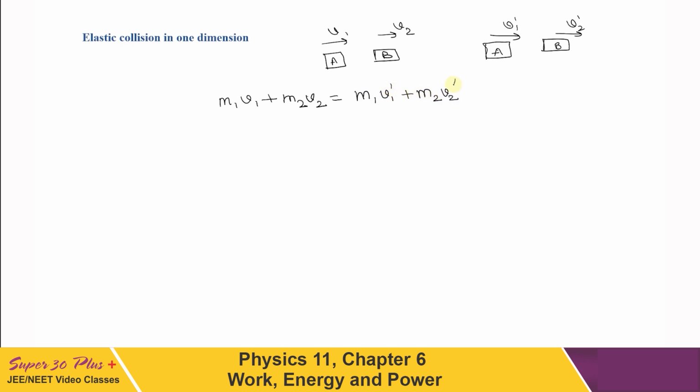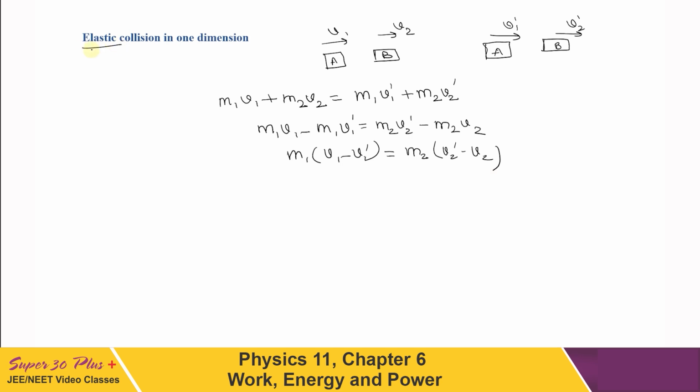Or if we solve it a little, it can be written as m1 v1 minus m1 v1 dash is equal to m2 v2 dash minus m2 v2, or m1 times (v1 minus v1 dash) is equal to m2 times (v2 dash minus v2). So this is momentum conservation before and after collision.